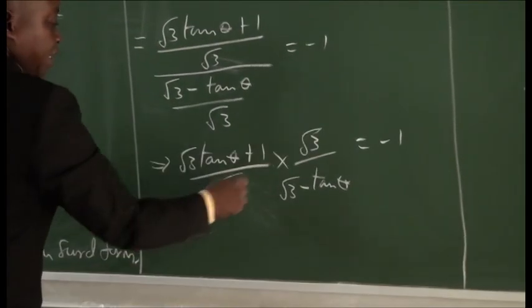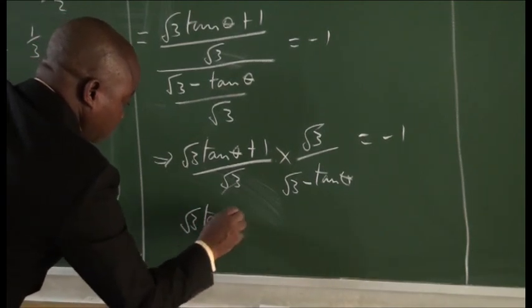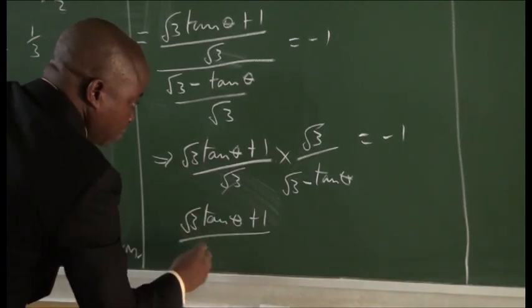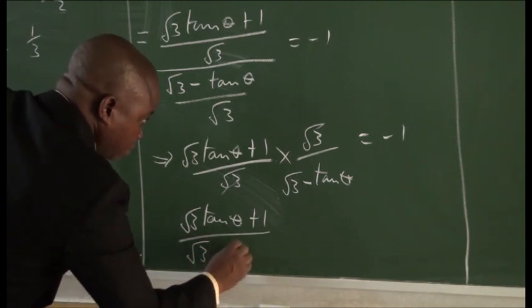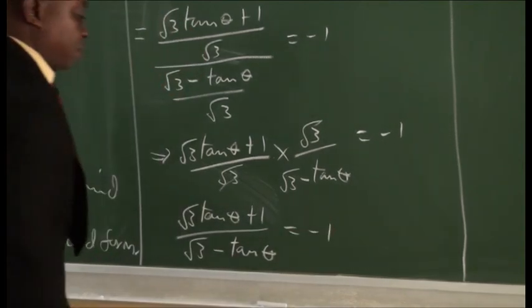Now this can cancel this. We then have root 3 tan theta plus 1 over root 3 minus tan theta equals minus 1.